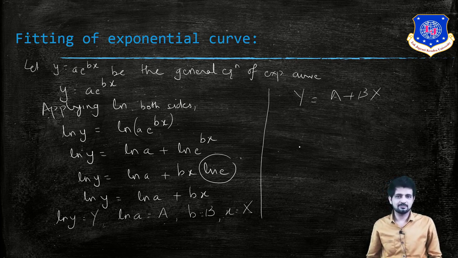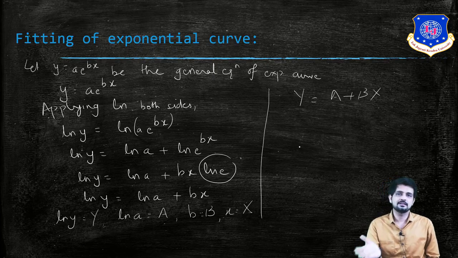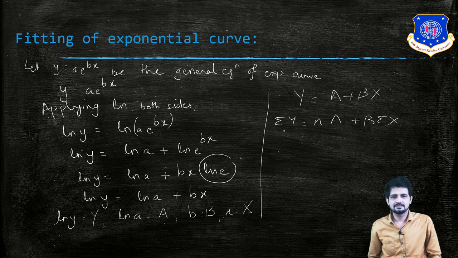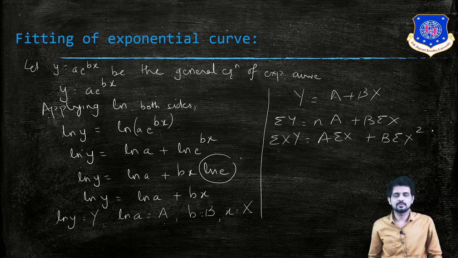It is nothing but the equation of a straight line. So we have converted the exponential curve equation into the form of a straight line equation, and then we can write the normal equations directly: sigma Y is equal to nA plus B sigma X and sigma XY is equal to A sigma X plus B sigma X square.